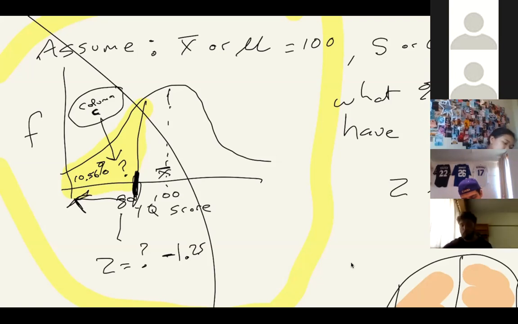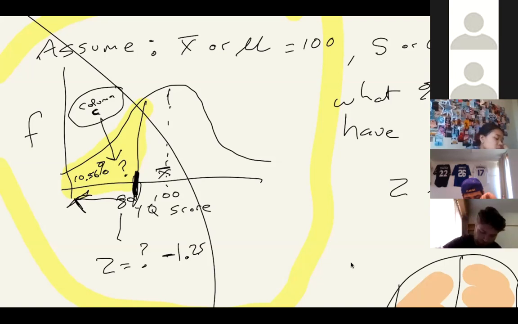It's another way to ask the question I just asked you, which is, what percentage of people have an IQ below 80? Another way to ask the question is, what is the percentile rank of an IQ of 80? Same question. And when you talk about percentile ranks, you leave the decimal in.